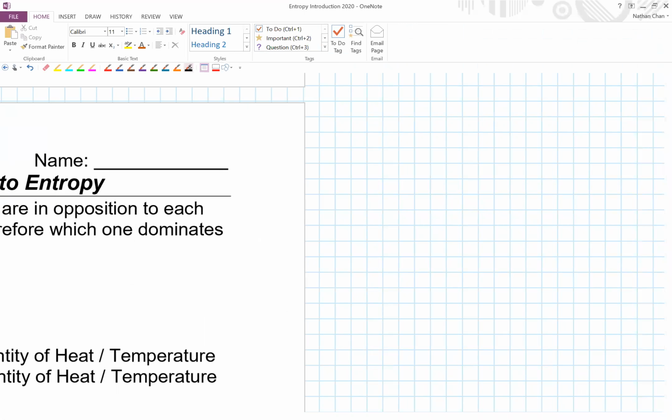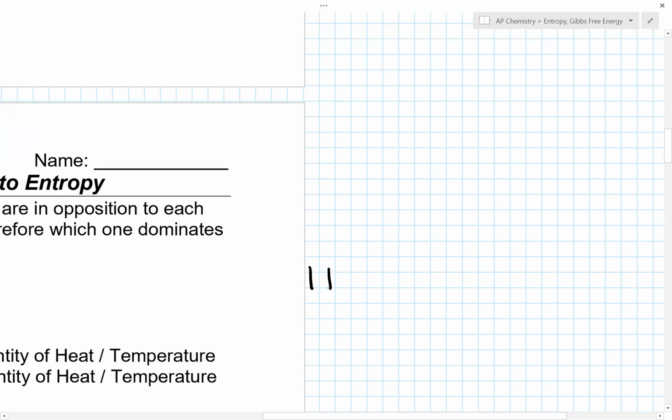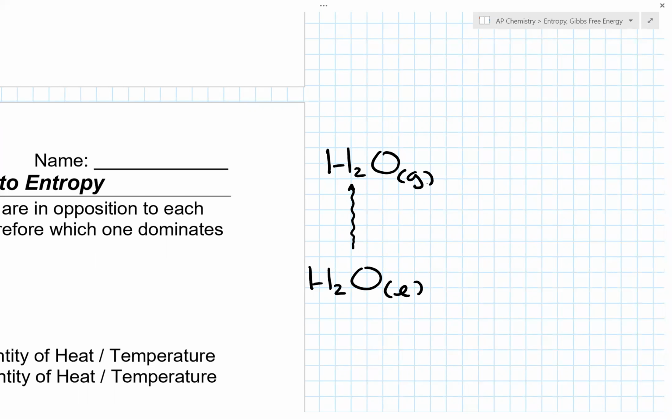So an example would be like this. If we go from H2O liquid to H2O gas, that is the vaporization of water. Okay? Now, how do you go from liquid to gas?